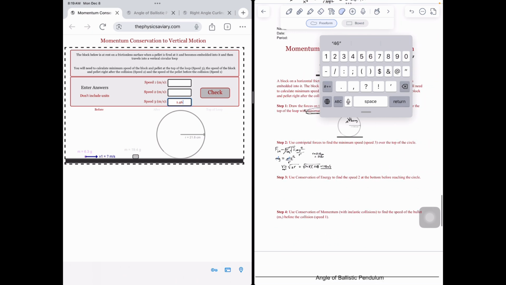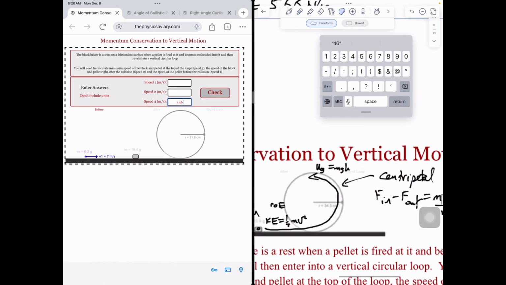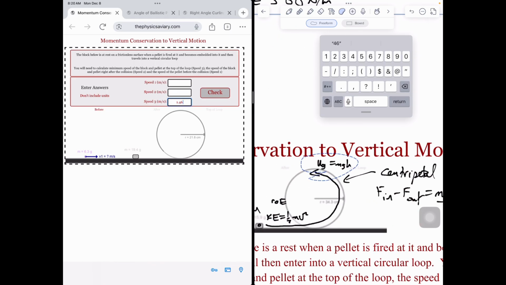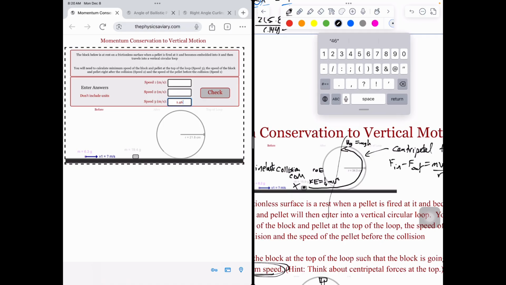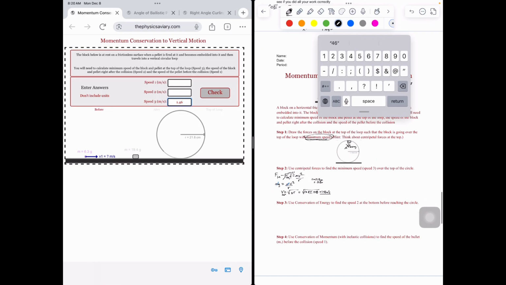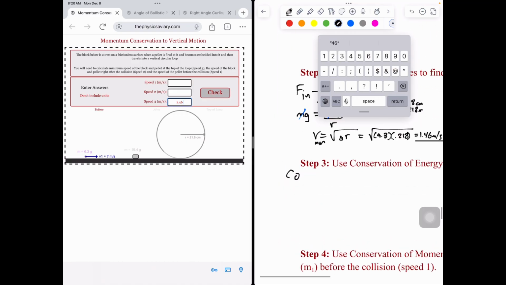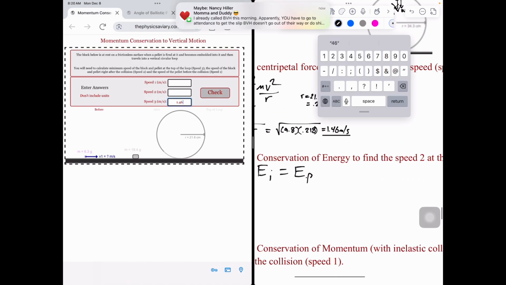Okay, now for step 3, let's work the problem backwards. Now that we have the speed up here, we can use conservation of energy to find the speed down here right after the collision. So using conservation of energy, we know that energy initial at the bottom equals energy final at the top.